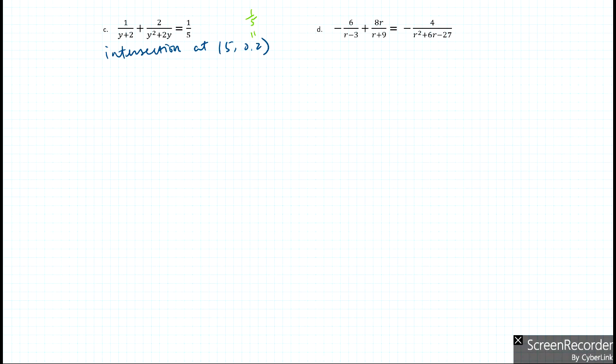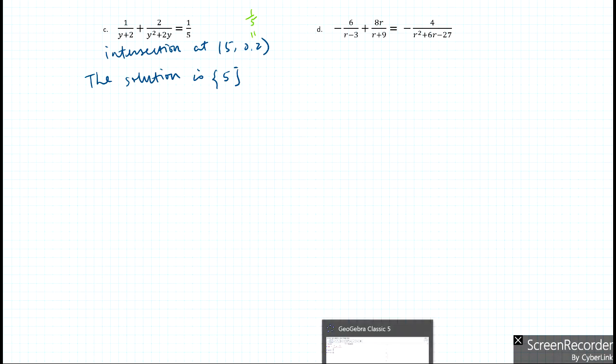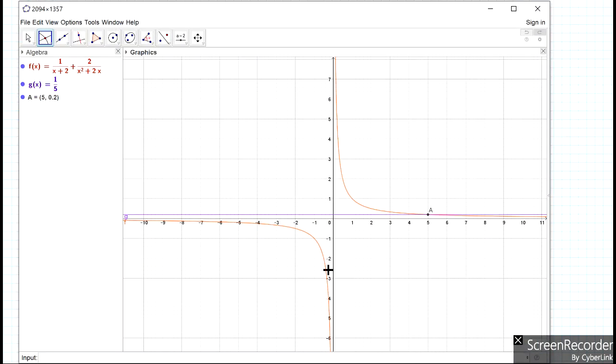In this case, the y value should always be 1/5 in order for this to work. So the solution set is just 5 in this case. Again, feel free to go through this step of checking, but I'm going to go ahead and attach this graph over here just for reference.